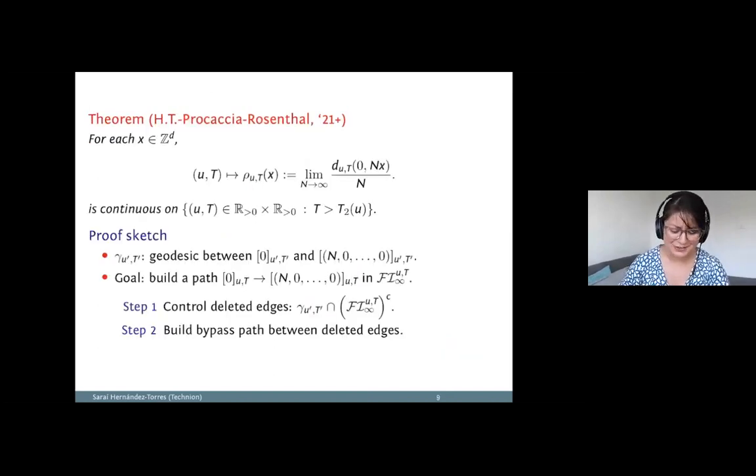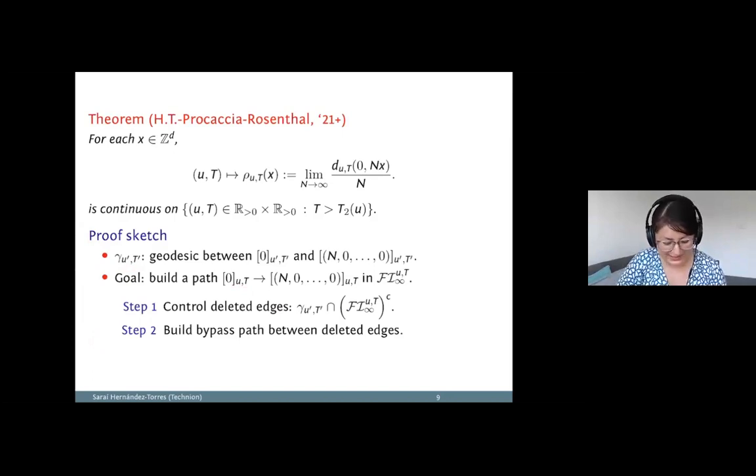So for the rest of the talk, I want to just give a quick proof sketch of the main theorem of today. So I have one geodesic at level U prime, T prime, and I want to go down to a path at level U, T between the corresponding points.